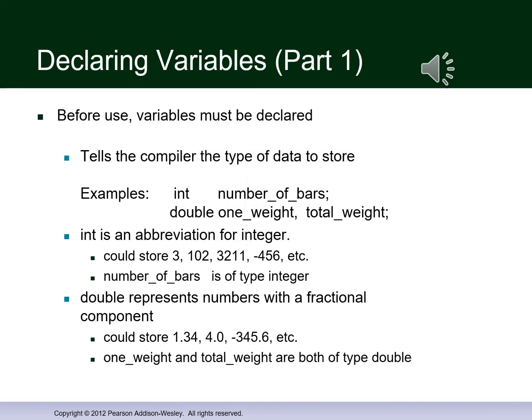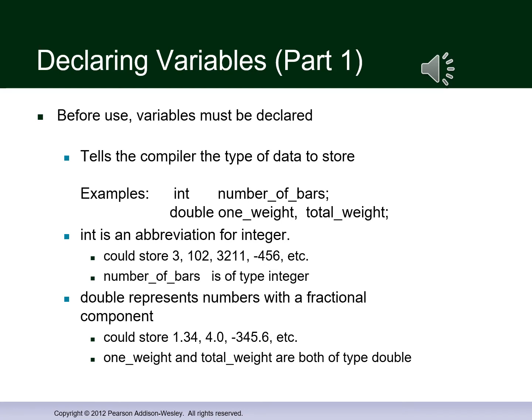Before a variable can be used in a program, for example, before you use that cin numberOfBars to load the input from the keyboard into the variable to store the number of bars, the variable must be declared. And this declaration statement, which you saw at the beginning, tells the computer the type of data to store in the variable.